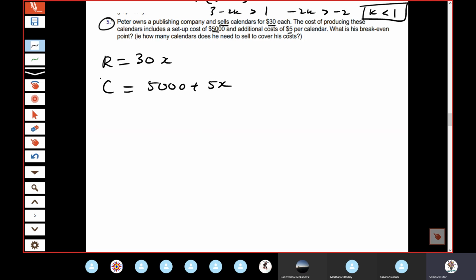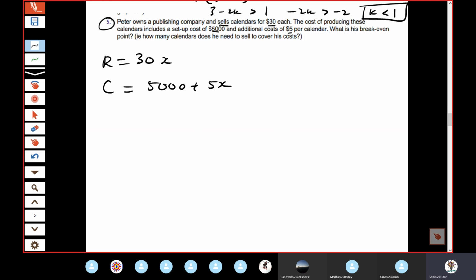You guys get that? Like imagine it like this. This is your cost function. This is your revenue function. And obviously to work out where your break even is, it's where revenue equals your cost. That's just in anything.